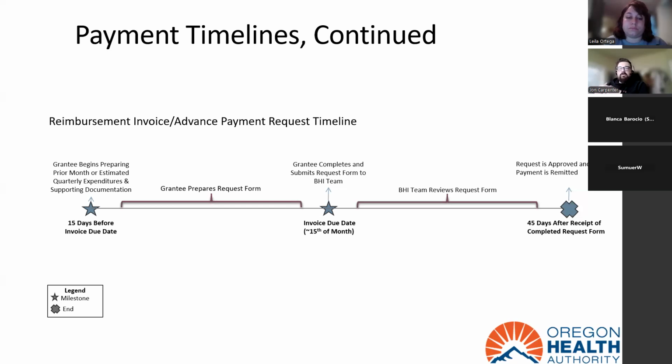Every level of review takes about 2 to 3 days on average. So total time for review and getting to Office of Fiscal Services is usually about 6 to 10. But again, we reserve 45 days, and our averages are well within that timeline.